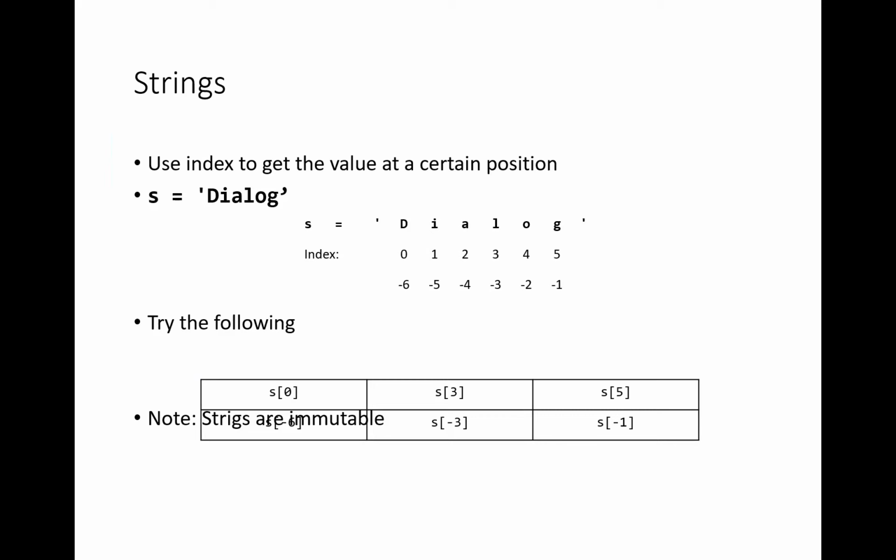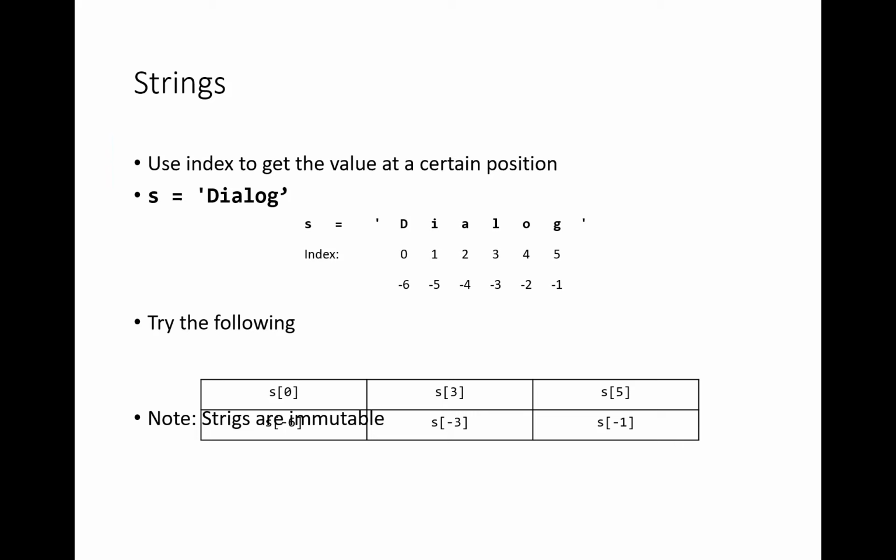Right. The next thing that I'm going to discuss is about string values. When it comes to string values, for example, we have the word dialog. Each individual element you can index it.